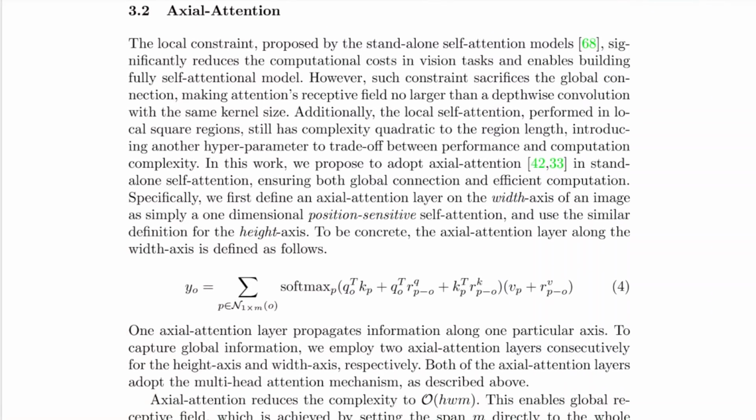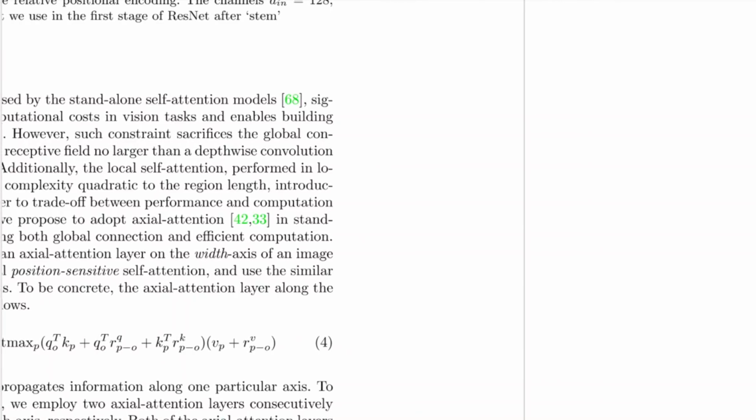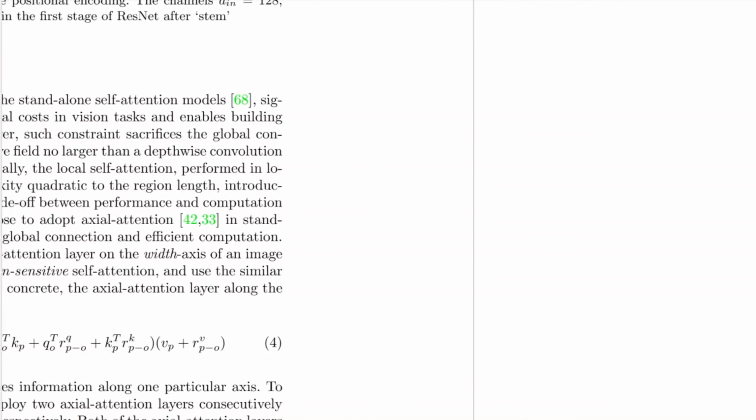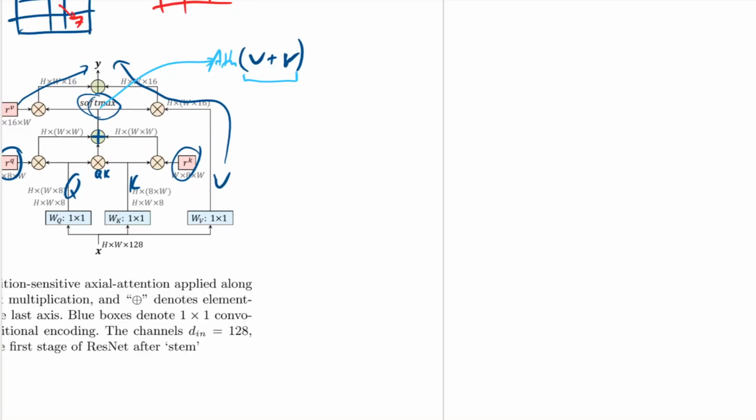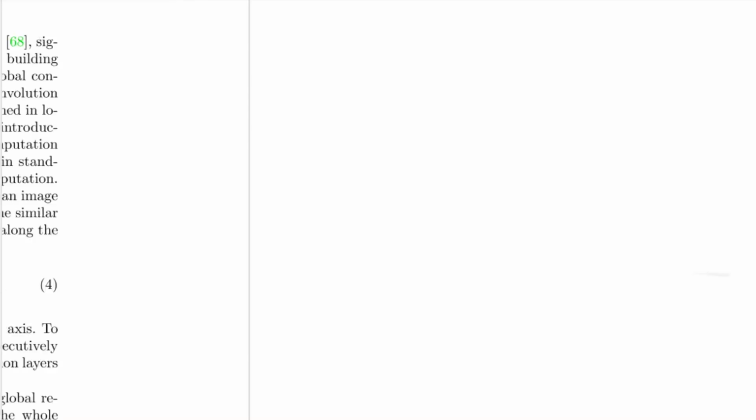The second thing they do is this so-called axial attention. Now, axial attention is a trick in order to reduce the load on an attention mechanism. So, what does it mean? We've already seen in sequences, if I have a sequence layer, that's going to be n squared connections.